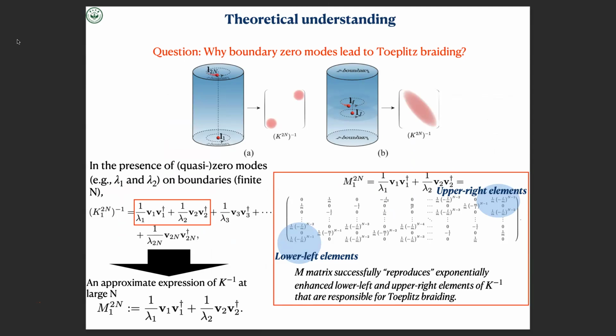Yeah. And if you add some diagonal or on-site potential to this SSH model, you just shift the whole spectrum by a constant. It doesn't really change the eigen wave functions.